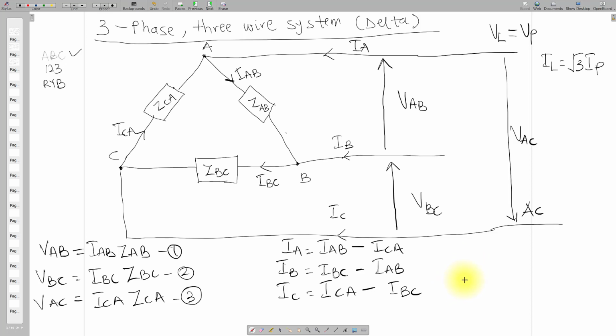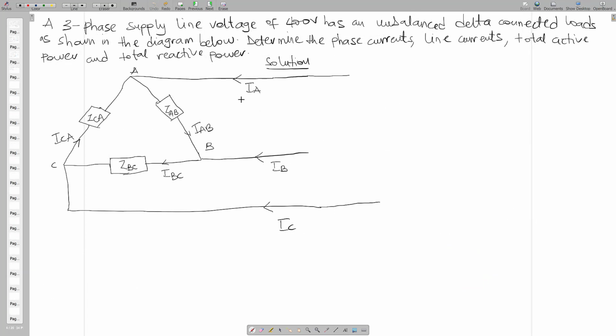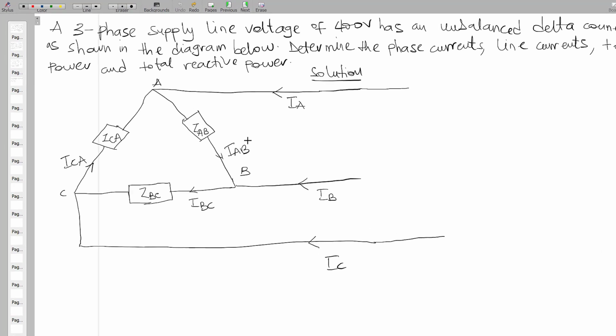So we will solve one example on this one, so that we will know how to do it whenever it comes in our exams or anything, right? So in this example, it says that a three-phase supply line voltage of 400 volts has an unbalanced delta connected load as shown in the diagram below.